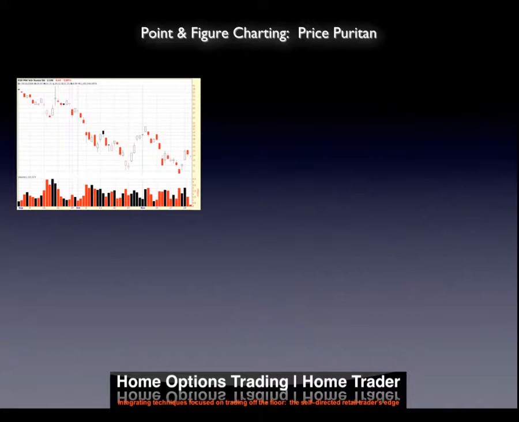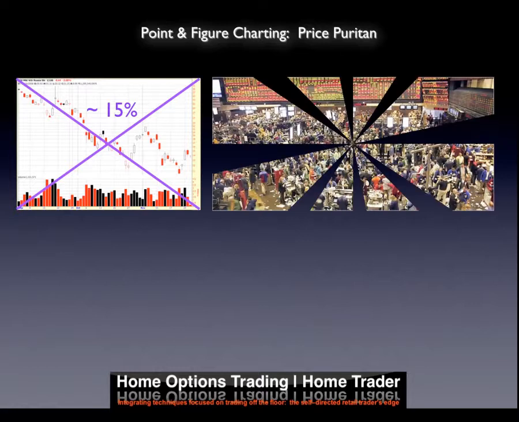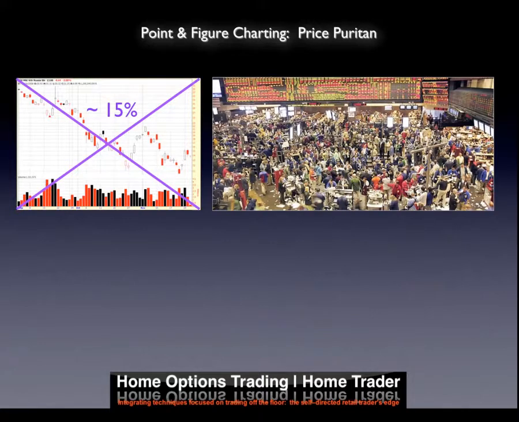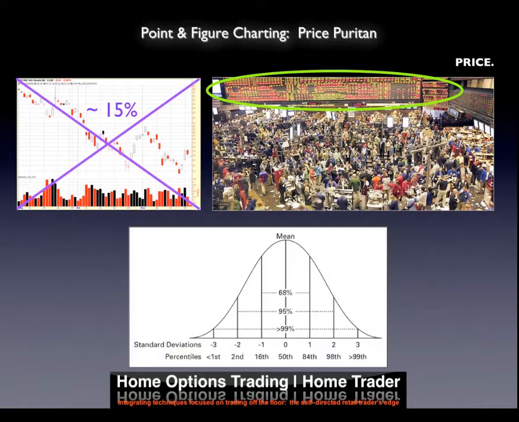Their use of the term everyone translates into retail off-the-floor traders, which only makes up 15%, in some cases even less, of traded volume on exchanges depending on which exchange it is, which raises the question, what are the eyes of those on the floor, moving 80+% of traded volume, looking at? Price and price alone. You must be able to relate price to percentiles of a standard deviation curve.